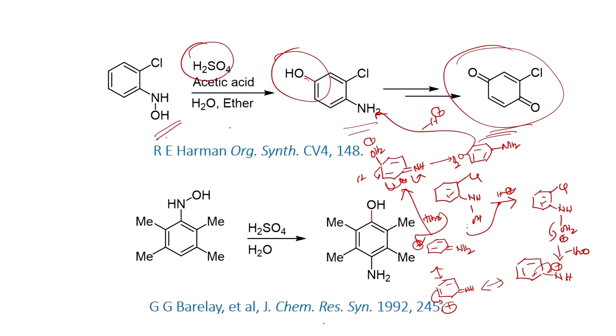So you get this 4-aminophenol derivative as the product. Another example is shown here, as we have seen, this hydroxylamine in the presence of acid can be converted into these aminophenol derivatives as a product.